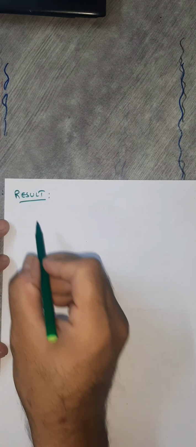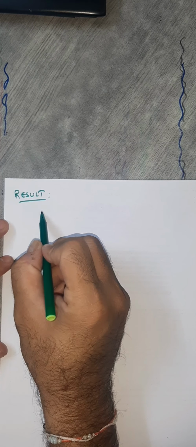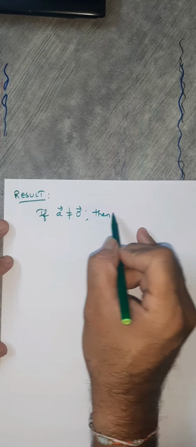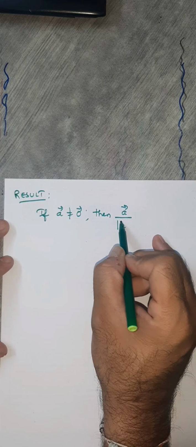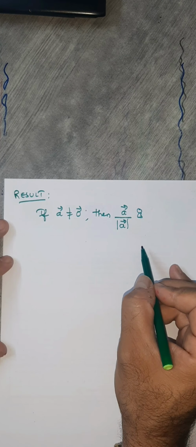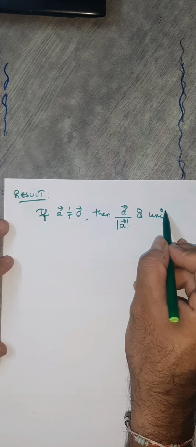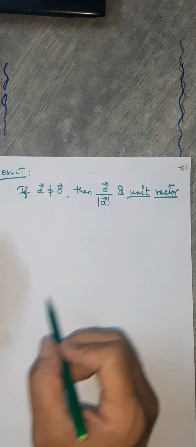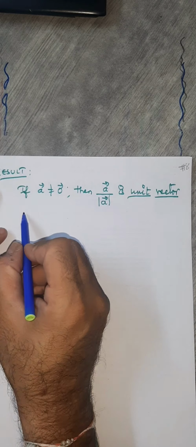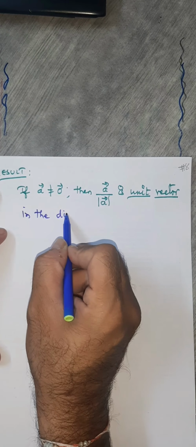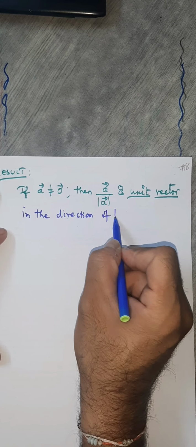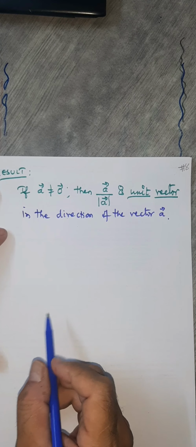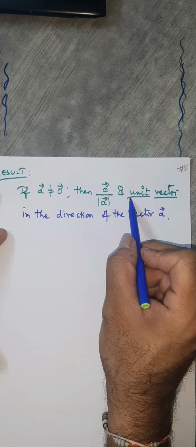Okay. So here is a result based on unit vector. It says that if this is a non-null vector, then the vector upon its magnitude is nothing but a unit vector in the direction of the given vector A. This is always true.